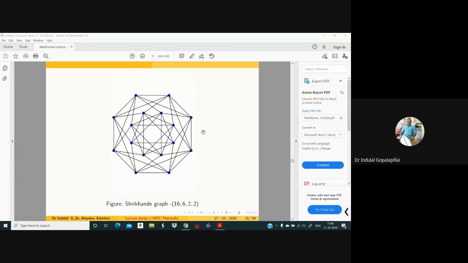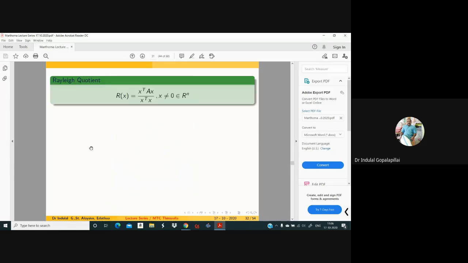Now we pass on to the Rayleigh quotient. The Rayleigh quotient can be used to find estimates of eigenvalues. The actual computation of the spectrum of graphs may not be possible if the graph does not take a nice form.